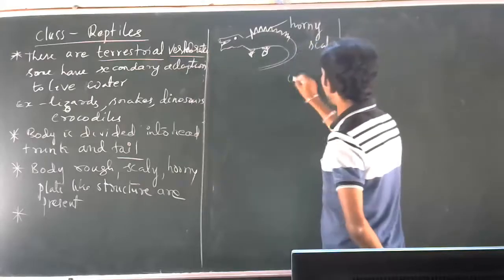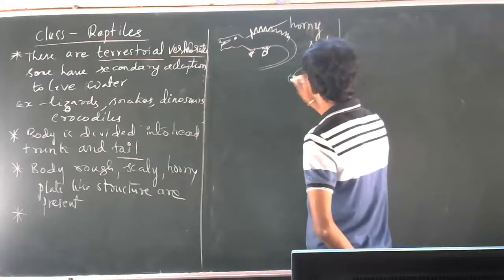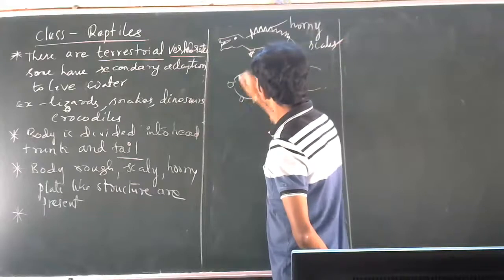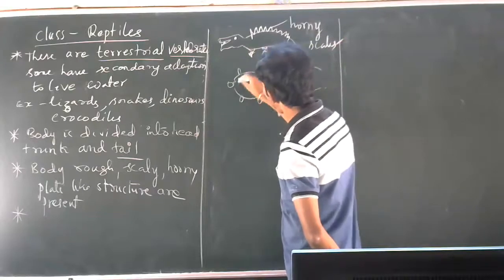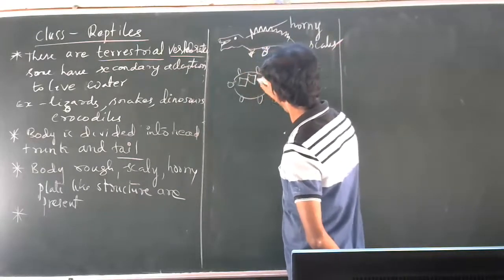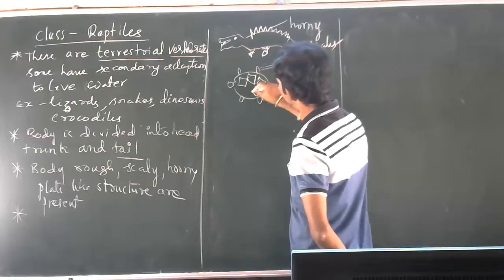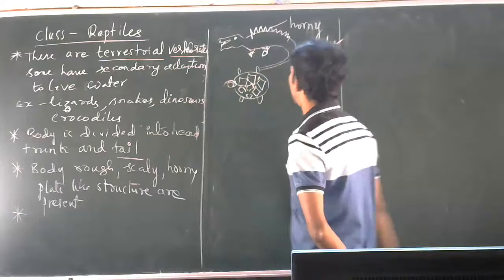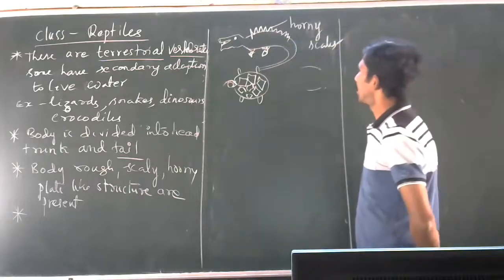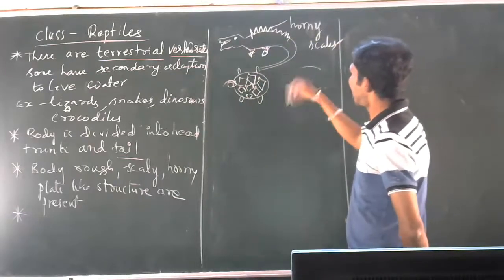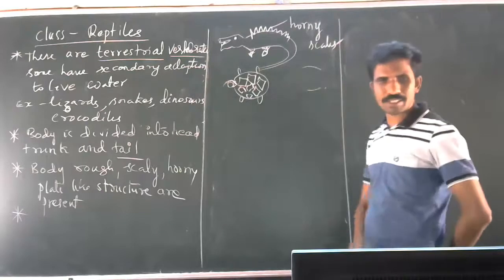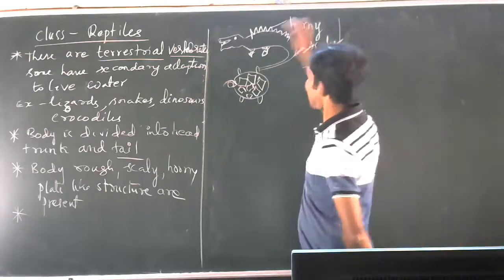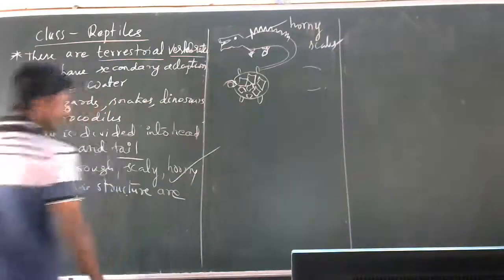If you take tortoise, they have plate-like structures. If you take snakes, they have scale-like structures. So that's also an identifying character of these animals.